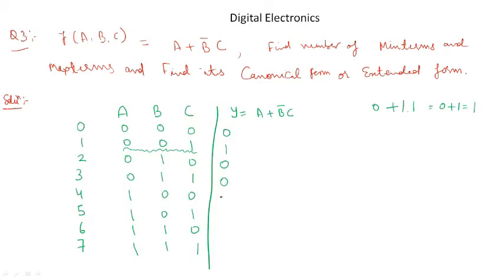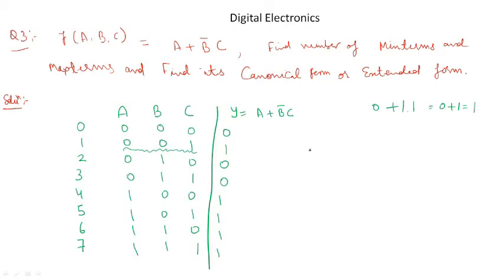So I will write output 1 here, 1 here also, 1 here, and 1 here. Now if we see this truth table, we have 5 ones in the output and 3 zeros.